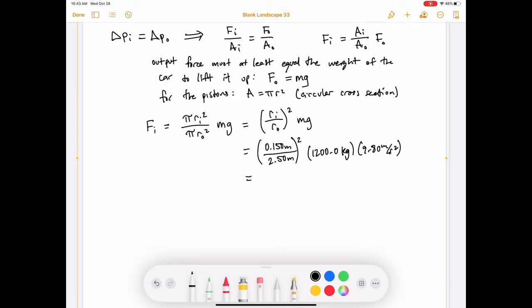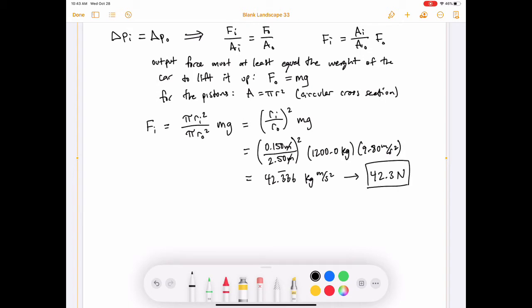So if you crunch these numbers, you get 42.336, but we'll keep 3 sig figs on that. The units cancel in that ratio of Ri to Ro, and we're just left with kilograms meters per second squared, which is a newton. So 42.3 newtons is the force.